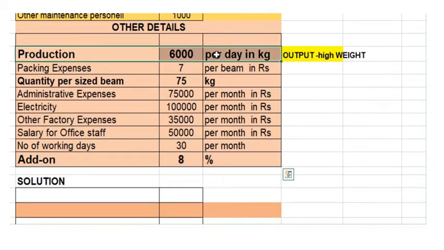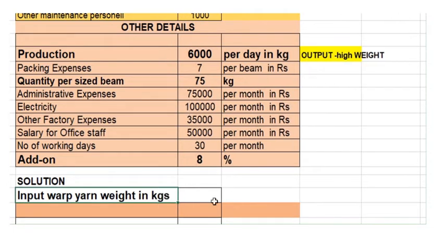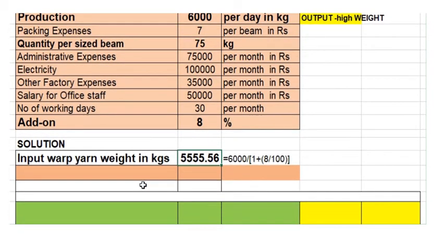So with the production and the add-on percentage, we can calculate the input warp yarn weight in kgs. The calculation for that is 6,000 divided by 1 plus add-on divided by 100. So we get this value. This is the input weight of warp yarn that is given to the process for this add-on and production percentage.